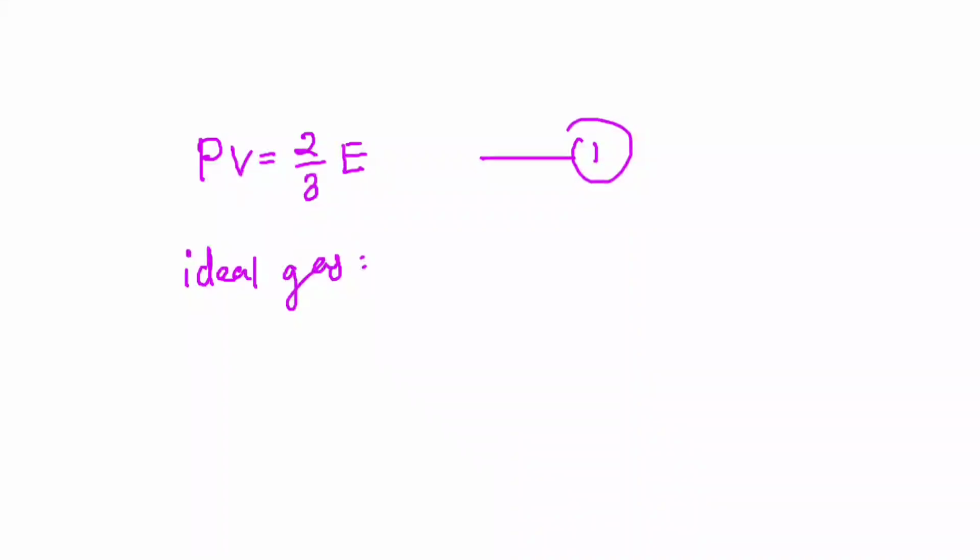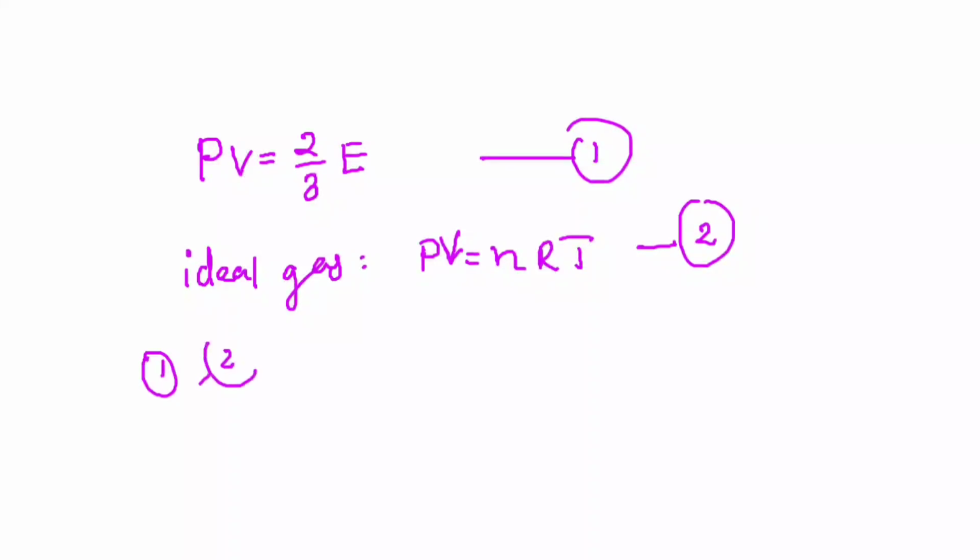Now we got PV equal to what? Okay, so we got PV equal to 2 by 3 E, right? This is one equation. We know that in case of ideal gas, PV is equal to nRT. So let's put PV by use these two, 1 and 2.